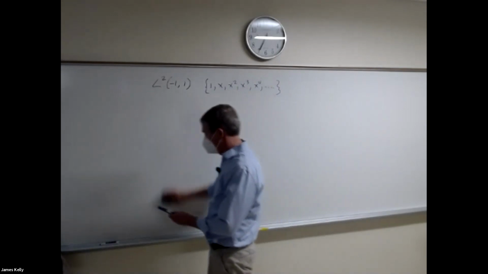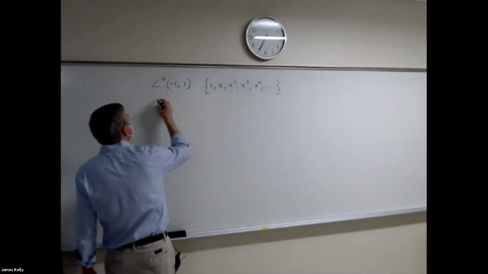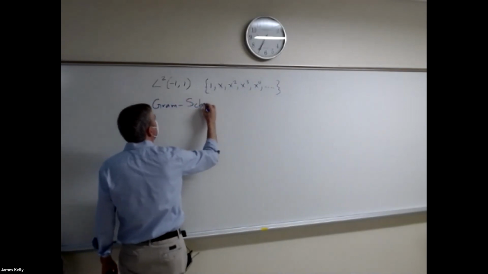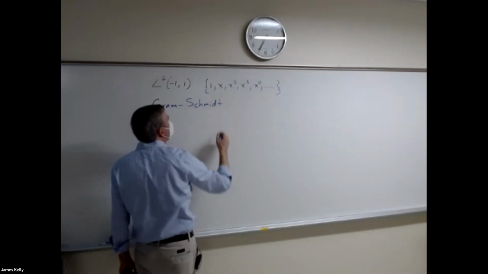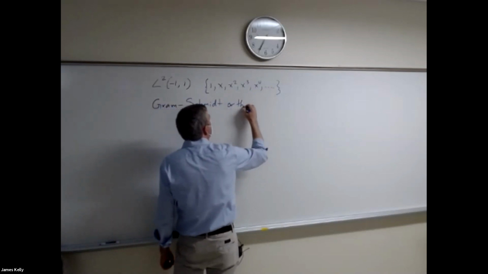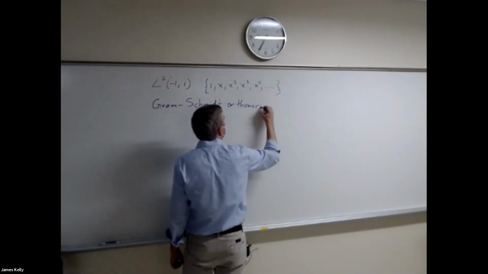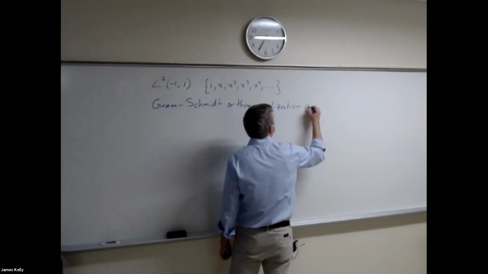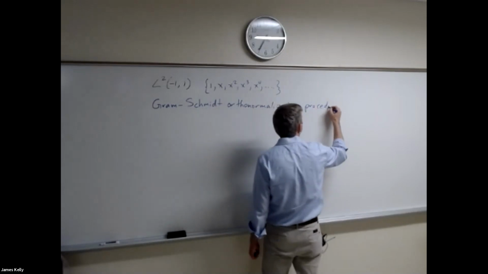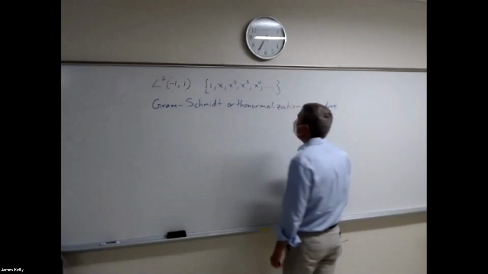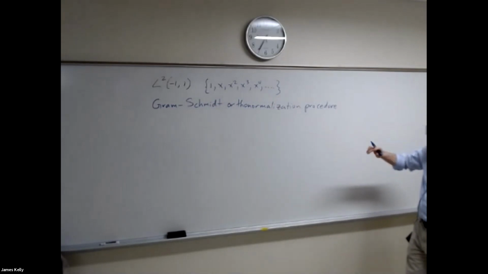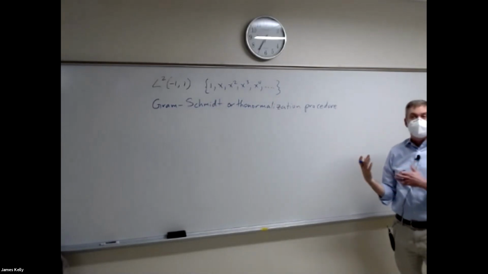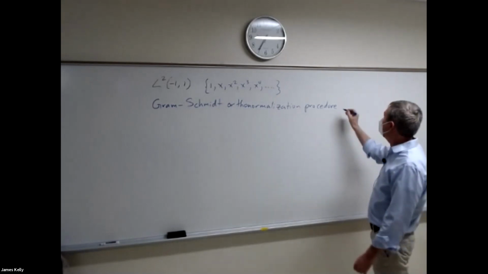There's a method that people use called the Gram-Schmidt orthonormalization procedure. We're going to do it on this set of functions and create out of this an orthonormalized collection of functions. They won't be power functions anymore, but they will be polynomials of increasing degree as we go on.